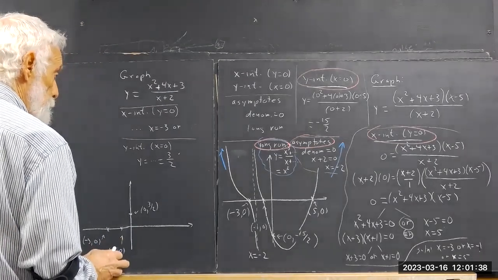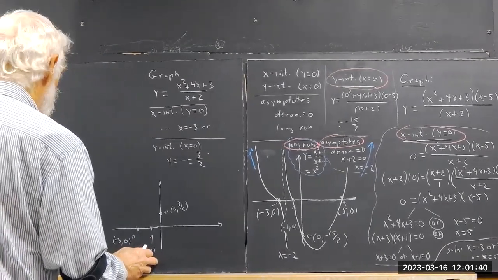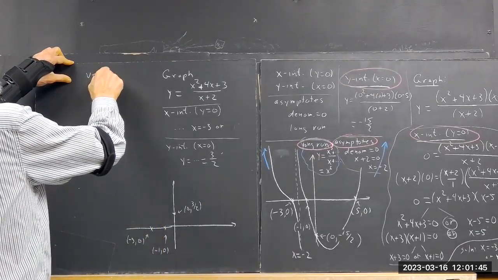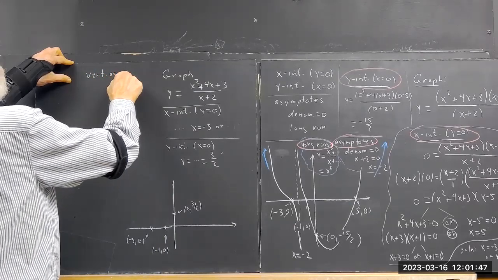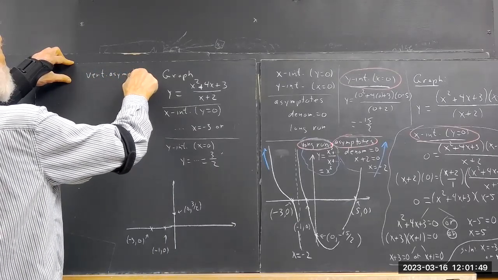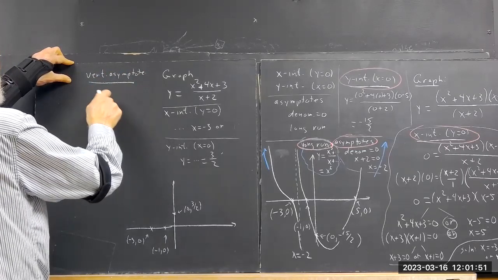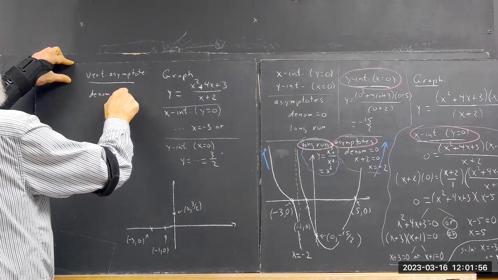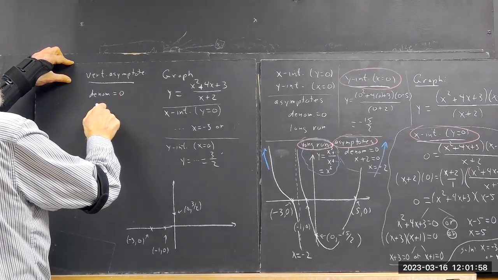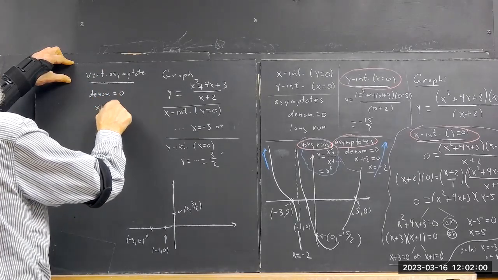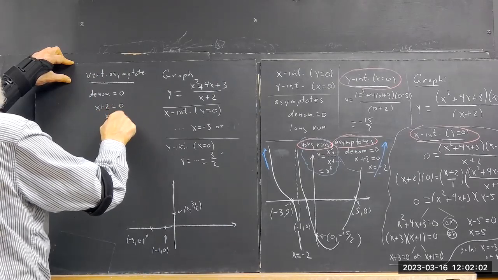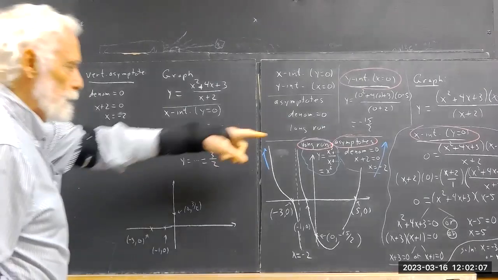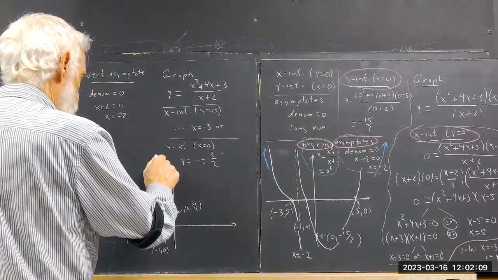We have a vertical asymptote. I'll write this out in some detail, since I did it before. Okay, there it is, written out a little bigger than it was there, but it's the same as what we have there.